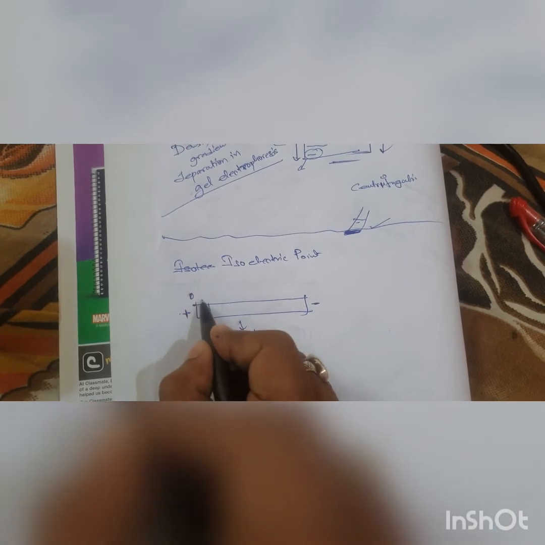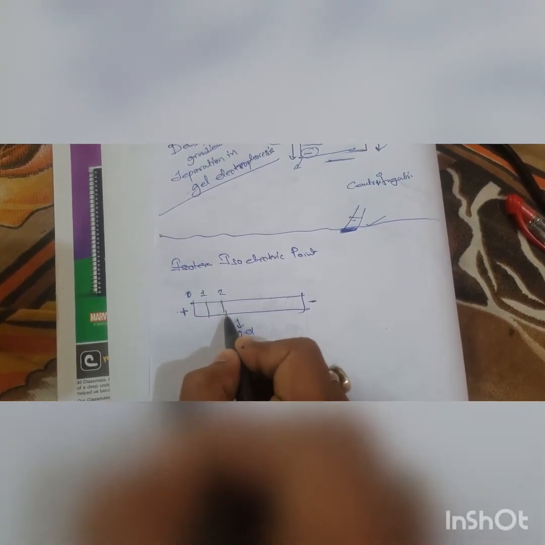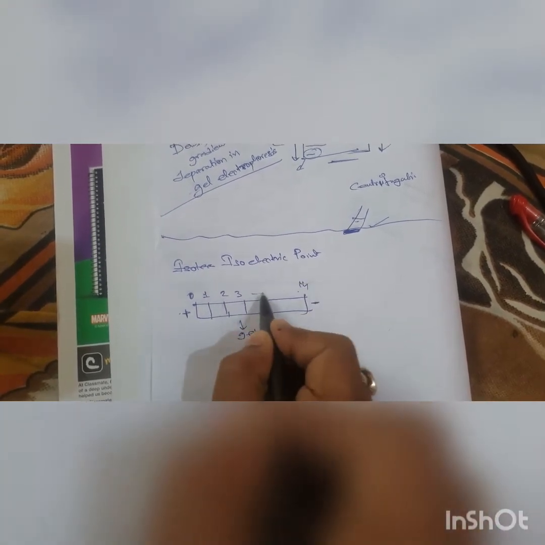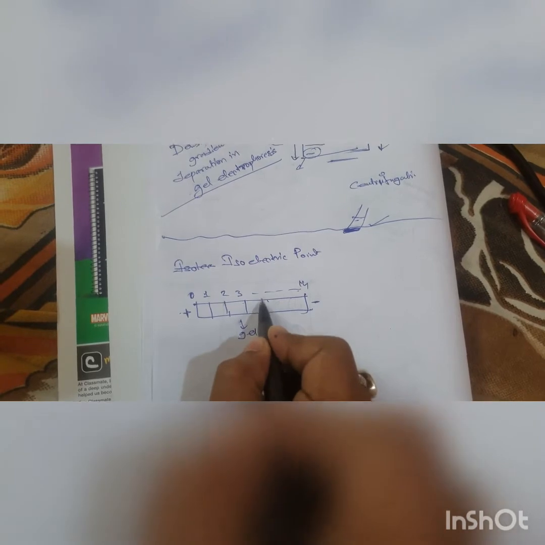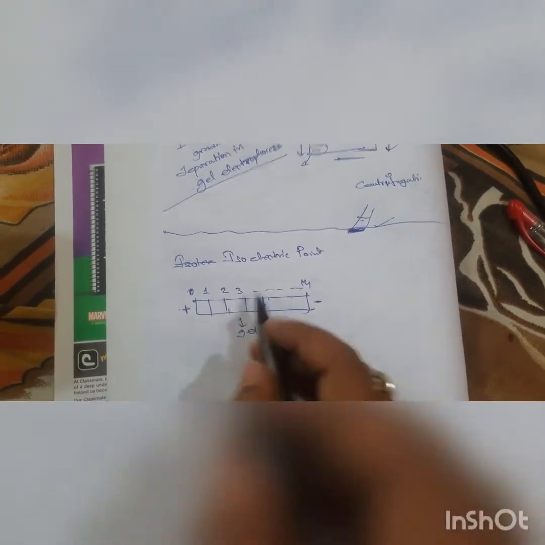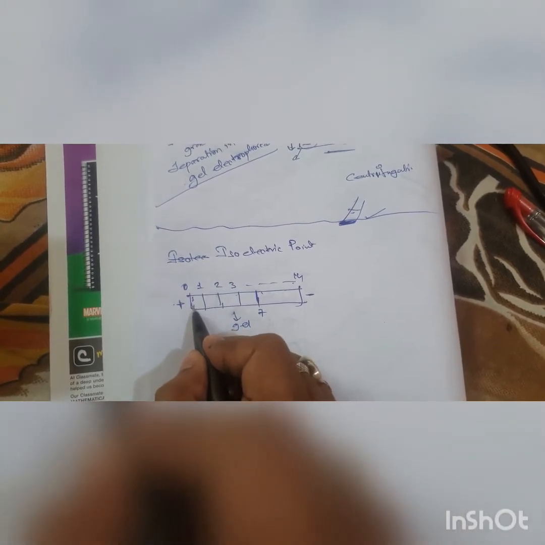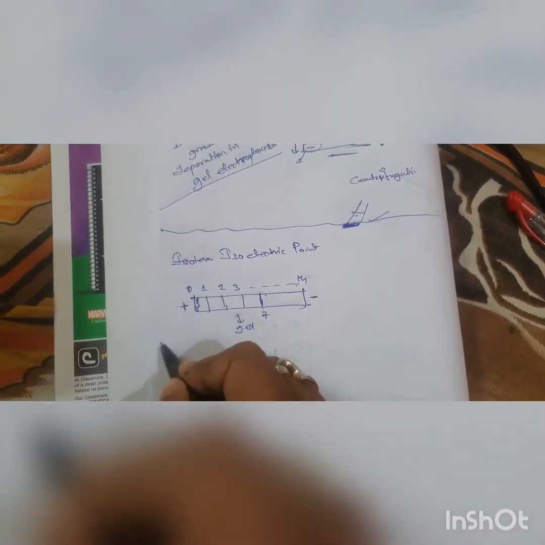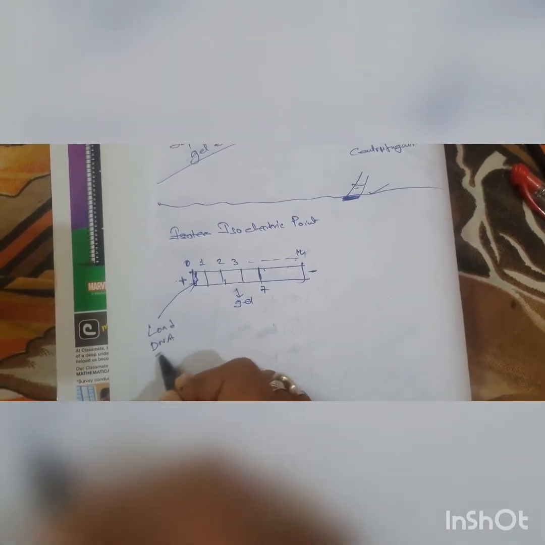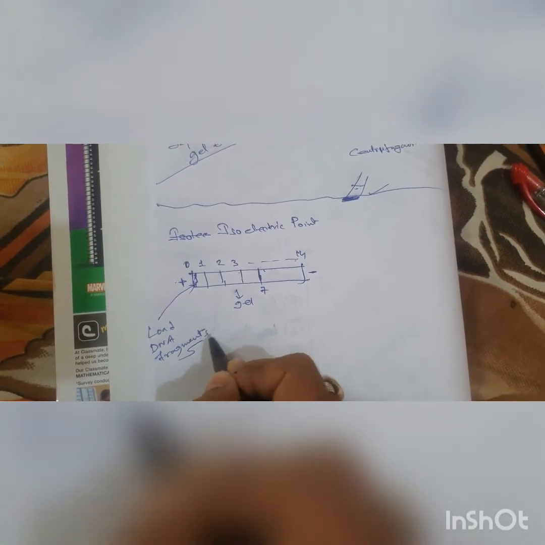Let it be pH 0, let this be pH 1, let this be pH 2, in between like this, let this be pH 3, up to 14. Suppose somewhere here is pH 7, okay. Now the pH gradient is there. You load the DNA here. All the DNA fragments you load here. Now after you load the DNA fragments, what will happen?